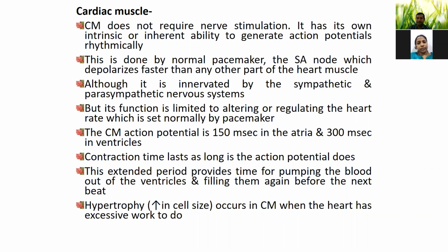Exactly what happens? This SA node will depolarize faster than any other part of the heart muscle. And as it does, it generates the action potential. Meaning they depolarize the cells, get innervated, and send various stimulation to the heart via this SA node. All the parts of the heart will get innervated and will contract or relax rhythmically.